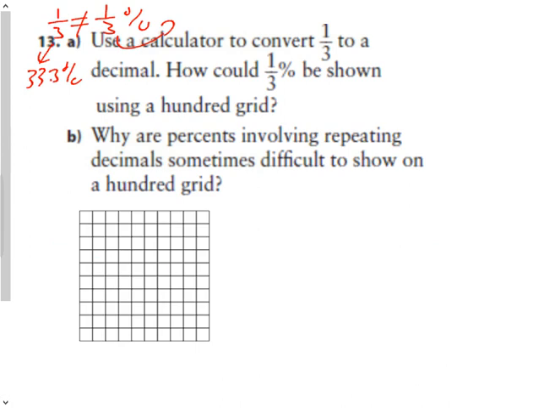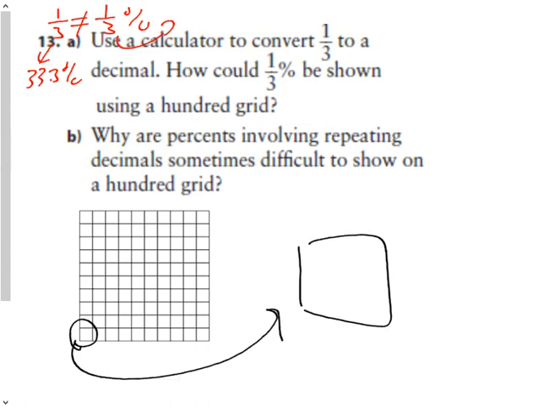So if this full grid here represents your 100%, for 1/3 of a percent, I would have to first circle this and bring it over here. And since this is not completely shaded in, if I grab my shaded in 1/3 of that, that's 1/3 of a percent. And over here, if I magnify it, that would represent 1/3 of a percent, which is different than 33%.